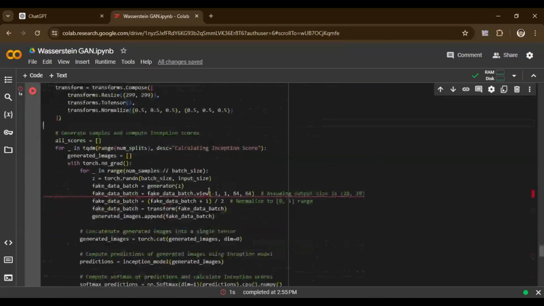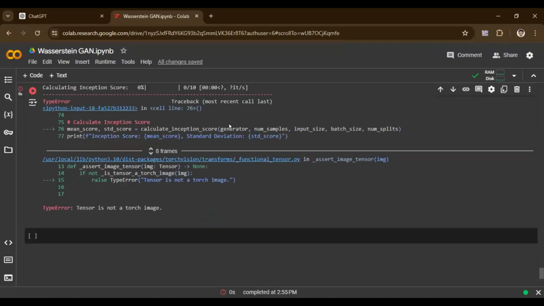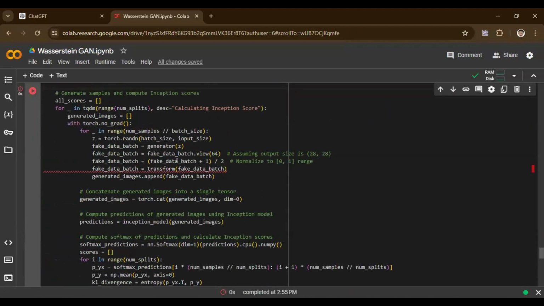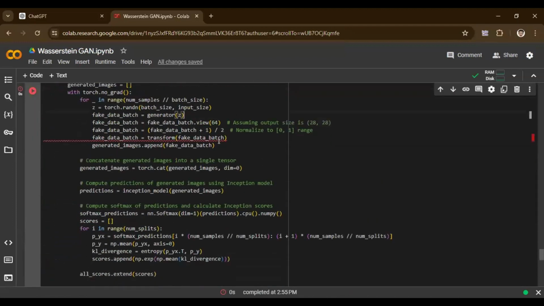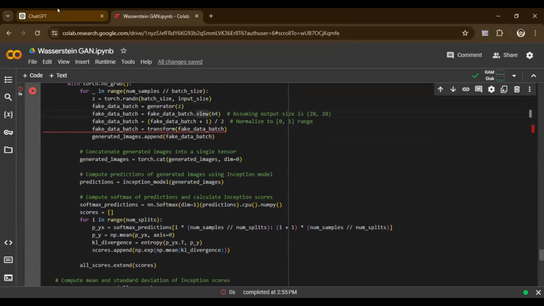Still error, but let's try again. This one doesn't error anymore.